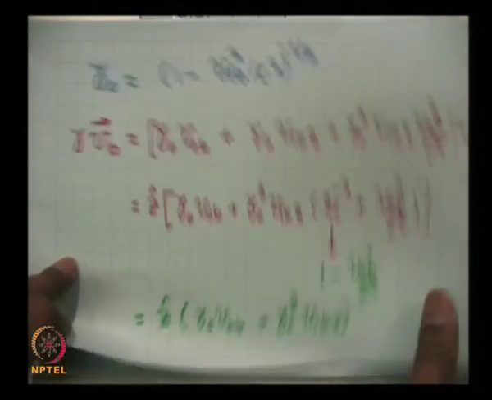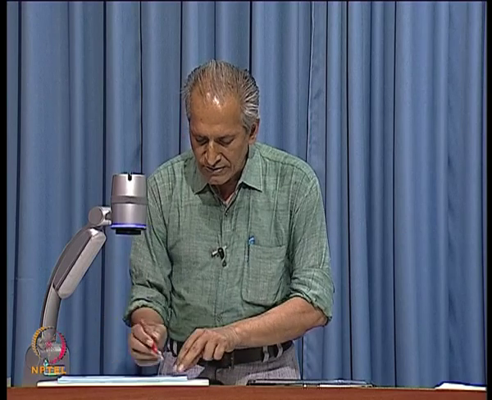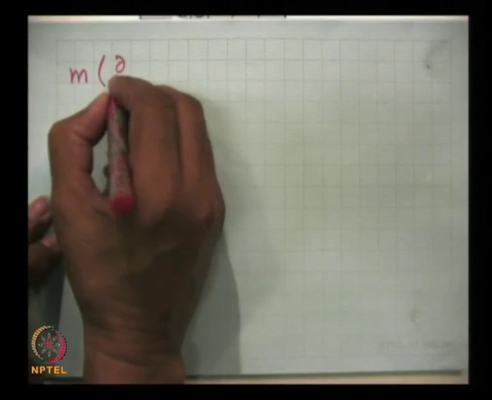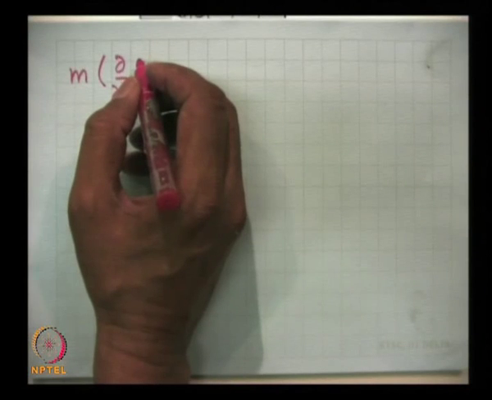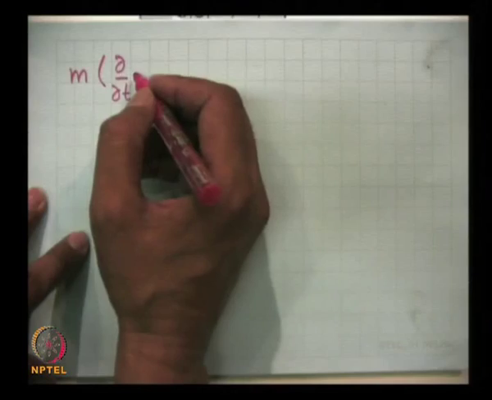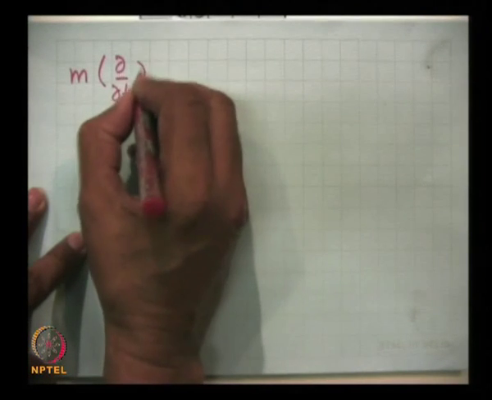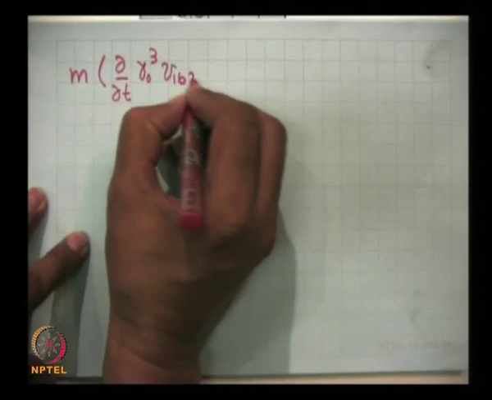Let me write down this in the equation of motion. The equation of motion was m outside delta delta t of gamma v. Gamma v means the first term that I had written, gamma 0 V0b, does not depend on time, so I will not write it. You will get gamma 0 cube V1bz.